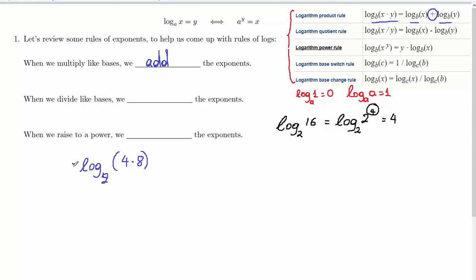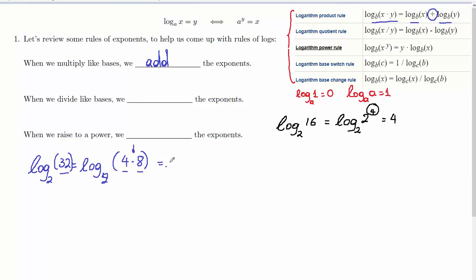So let's see that. First of all, 4 times 8 is nothing else than 32. So the logarithm of 32 can be split, if you want, into the log of 4 times 8. Okay, so what do I have here? I have a product. Perfect. Now, what is 4?